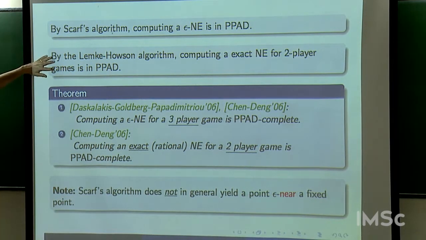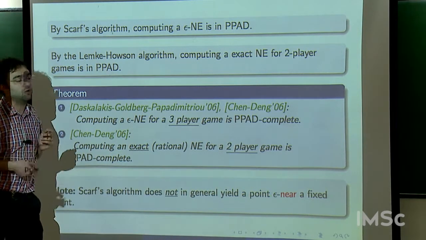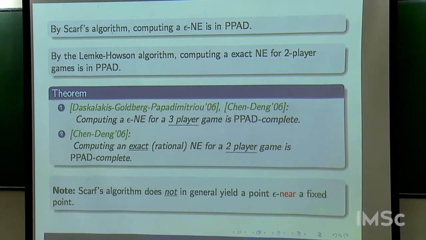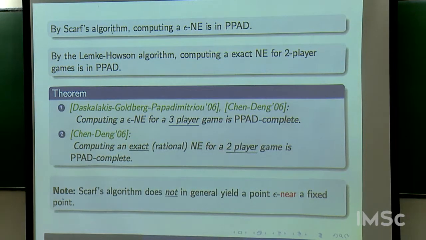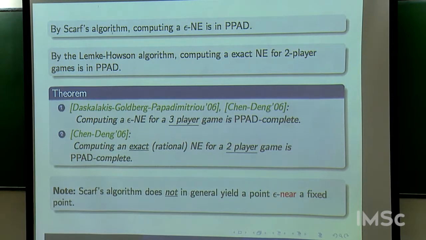And there's an even older algorithm by Lemke and Howson for computing an exact Nash equilibrium for a two-player game. For two-player games, there always exist rational exact Nash equilibria whose encoding size is not too big, so the rational numbers are tame. It follows from the Lemke-Howson algorithm that this computation is also in the complexity class PPAD.